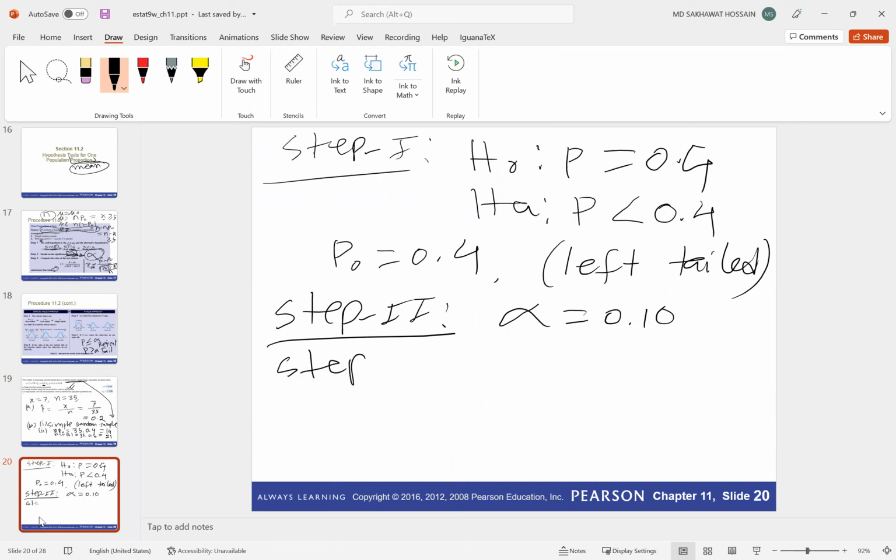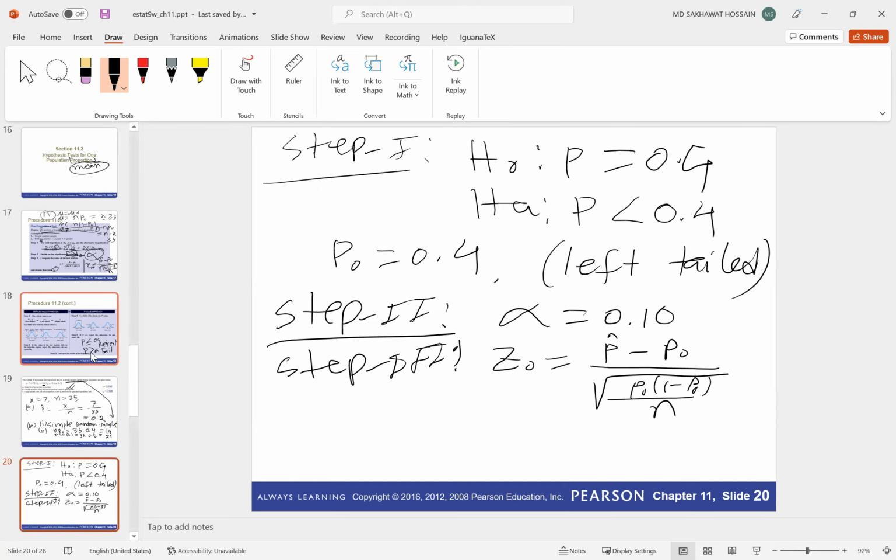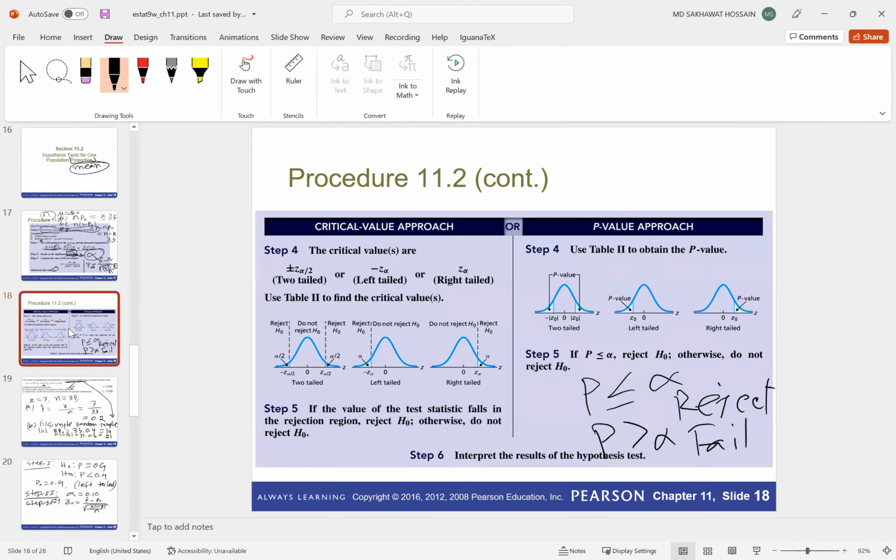Then step 3, calculate the test statistic, which is z observed, equal to p hat minus p0 divided by the square root of p0 times 1 minus p0 over n. This is the formula to calculate the test statistic.